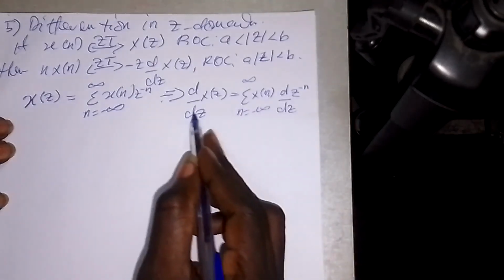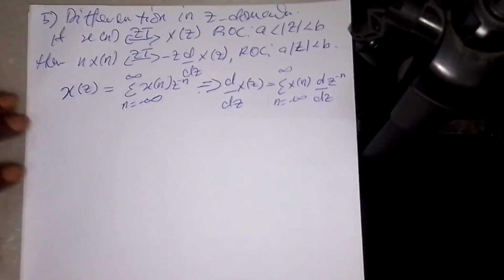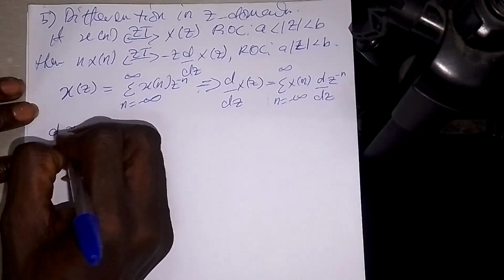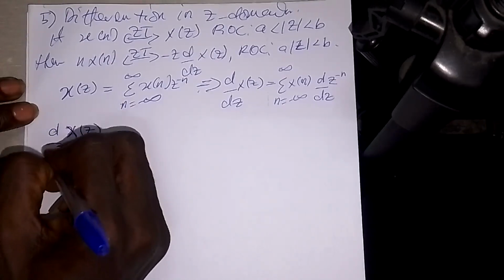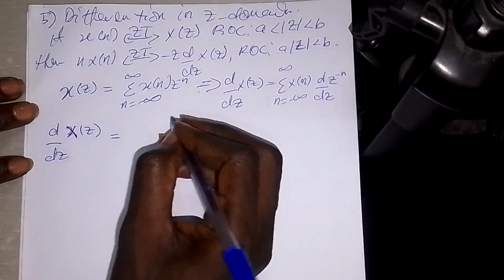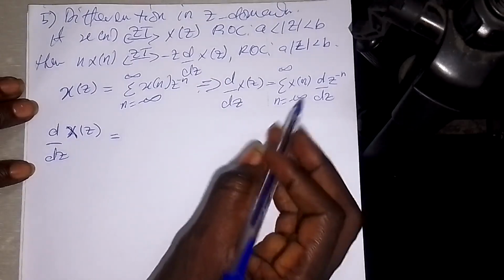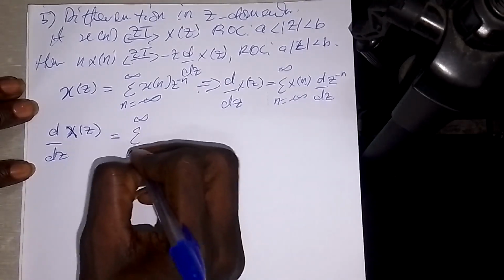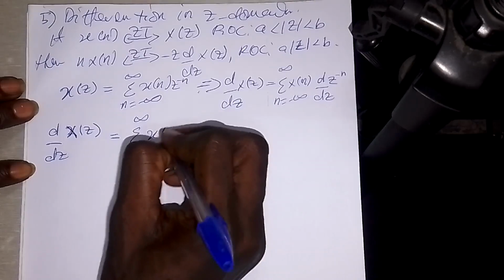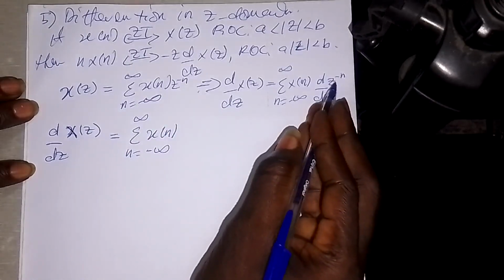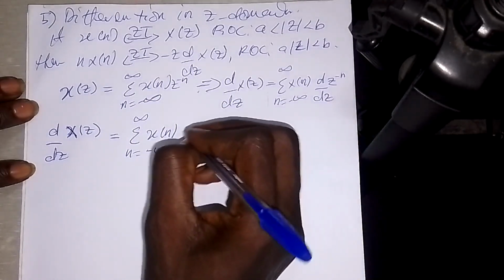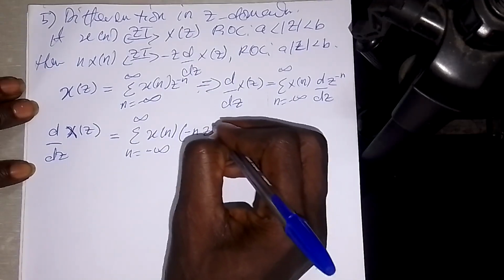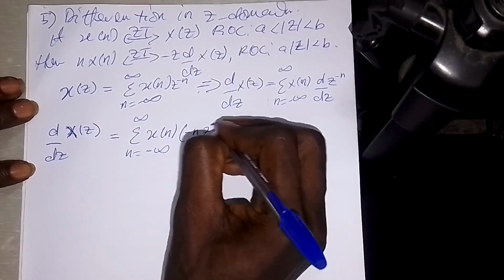dZ, because I differentiated this with respect to dZ. Okay, so now if I do that, I'm going to have d of X of Z over dZ, which is equal to the summation, n equals minus infinity, of X of n, and then if I differentiate this one, I'm going to get minus n, minus n into Z to the power minus n minus 1.